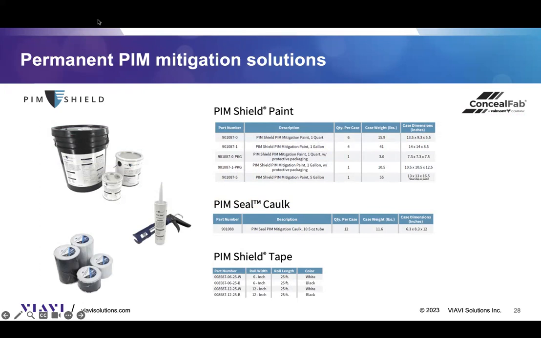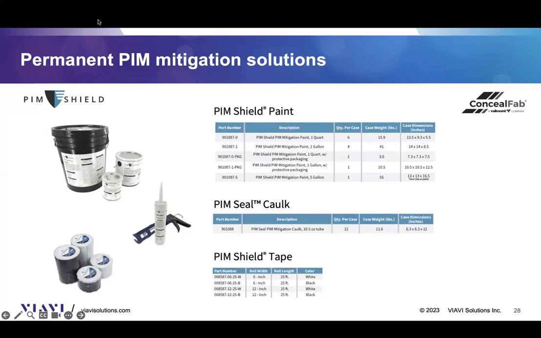The first 2 are what I call my liquid solutions, which means that whatever area you covered with the blanket or with the foil, you could come back and coat with our PIM Shield paint material, or in localized applications where you need to fill a gap or apply it to a poor connection between 2 pieces of metal, we have our caulk product. When cured, these provide greater than 10 dB of one-way attenuation in a single coat.